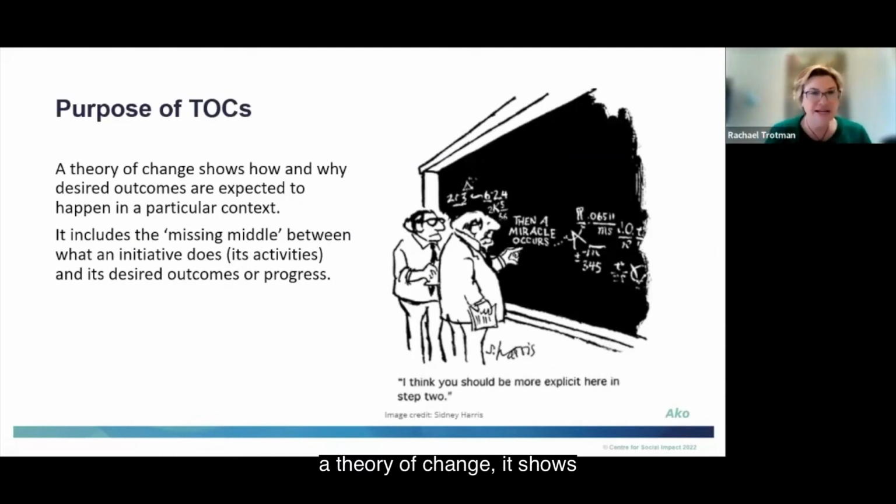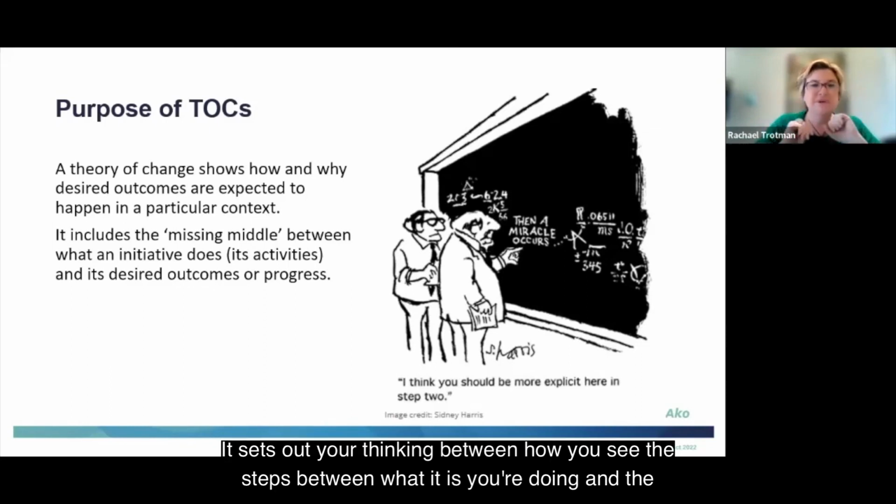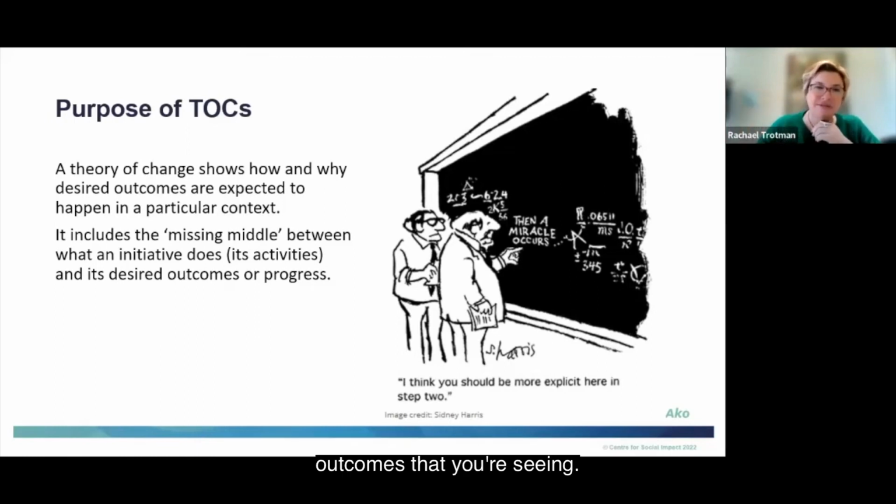A theory of change shows how and why you see your outcomes. It sets out your thinking between how you see the steps between what it is you're doing and the outcomes that you're seeing.